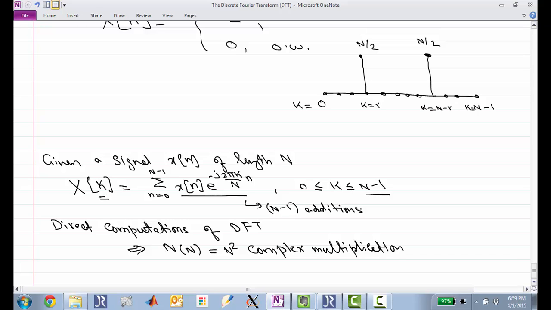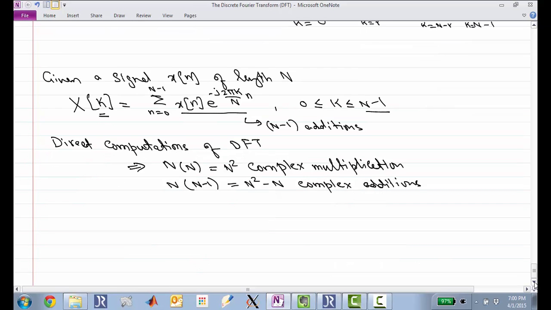And again there are a total of N indices for which you need to evaluate the DFT. So you get N times N minus 1, equal to N squared minus N, complex additions. So this is the cost of the DFT if you were to implement the formula directly in MATLAB.